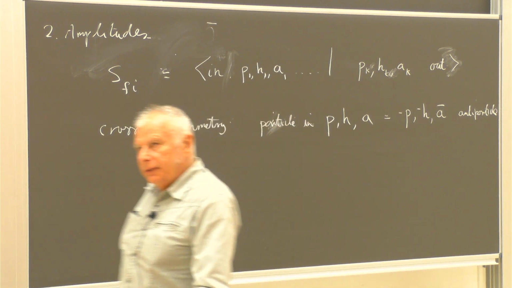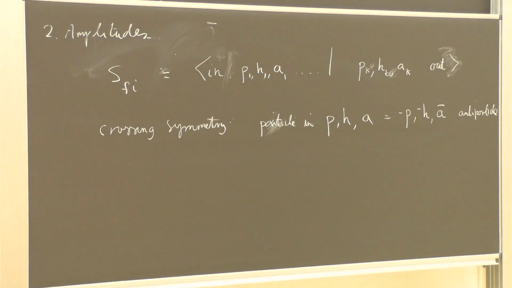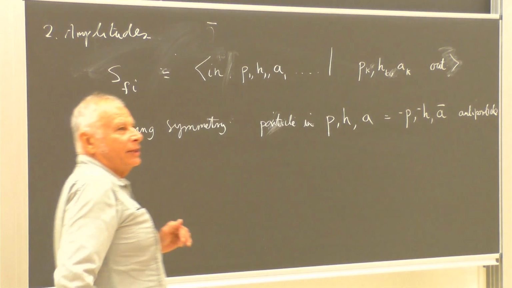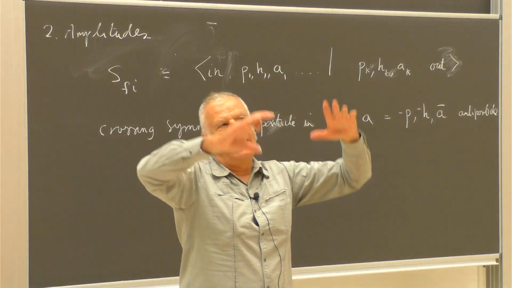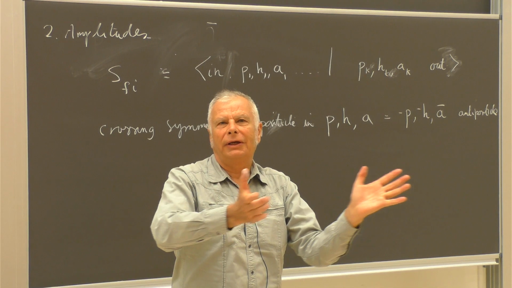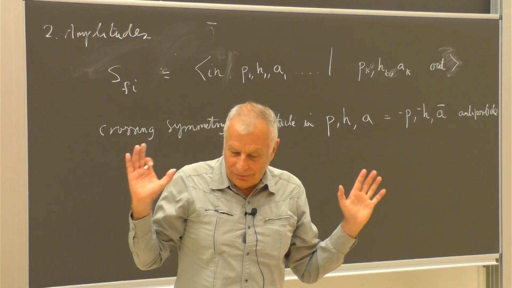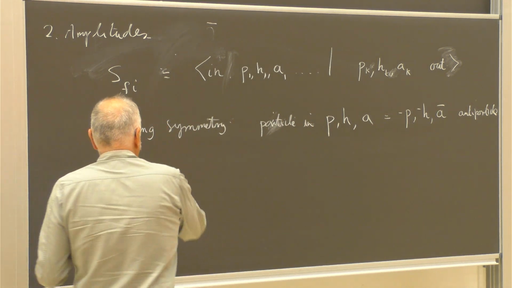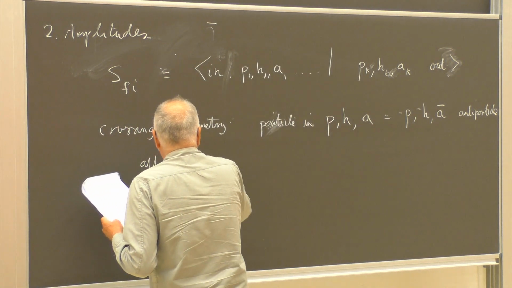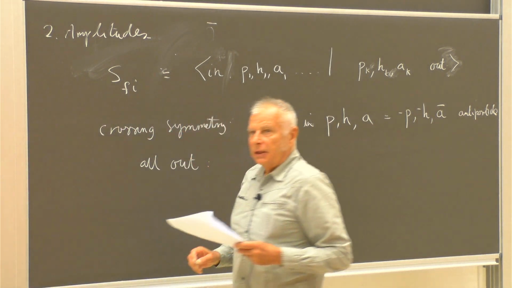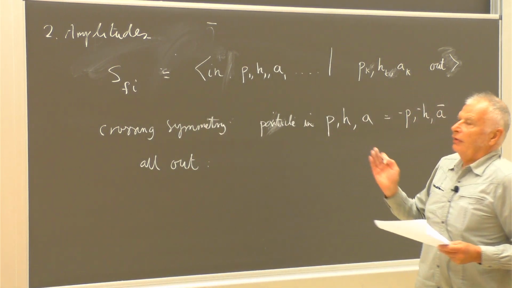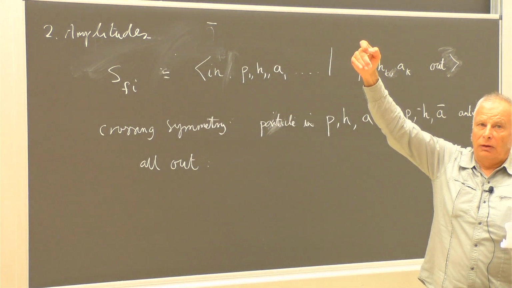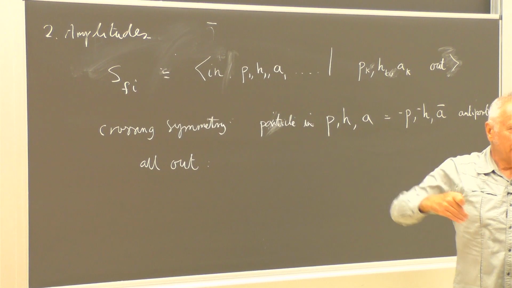So that's why the convention in the amplitude world is to consider scattering amplitudes in which all particles are either outgoing or incoming. It's a matter of convention, yes. I can use the convention, for example, that all particles are out, and then if you have an outgoing particle, it will be equivalent to an incoming antiparticle.